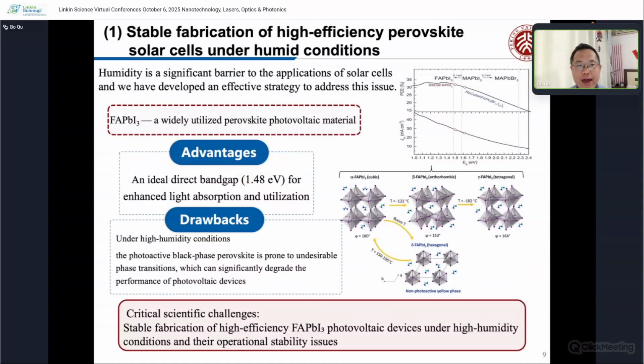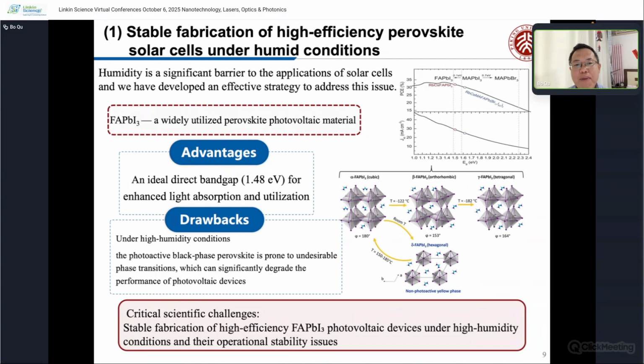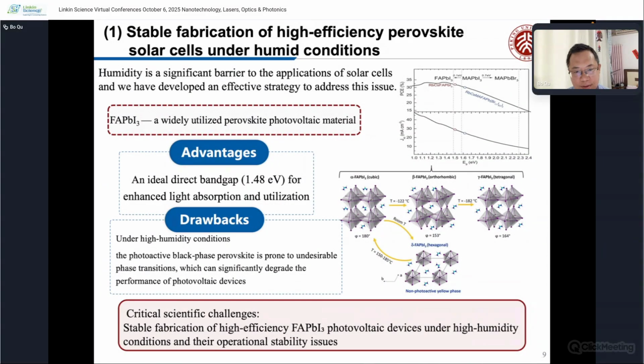As we know, FAPbI3 is a widely utilized perovskite photovoltaic material with the advantage of an ideal direct band gap of 1.48 eV for the enhanced light absorption and utilization. However, this material also has its drawbacks.